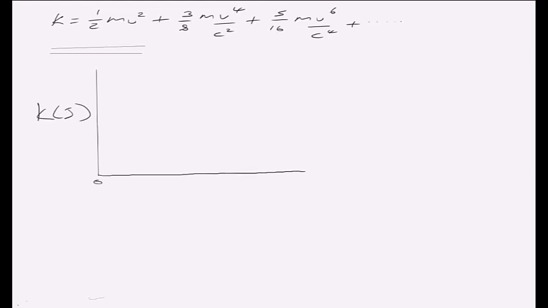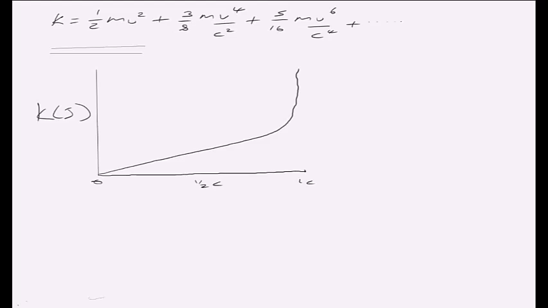So this might be 0 here, this might be 1/2 of c, and this would be 1c. And what we find is for the exact solution, it looks something like this, and then begins to asymptote at c. If you forgive the squiggly line, not easy to draw these plots in this software.